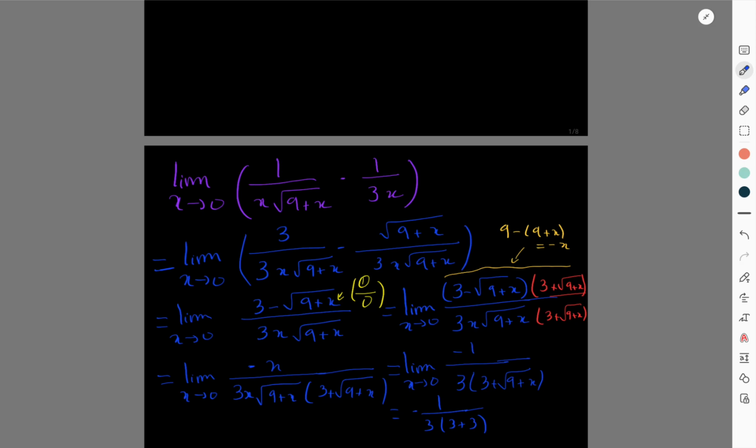Let's see. Okay, I forgot root 9 plus x, and then times 3. So it's minus 1 over 9 times 6, which is minus 1 over 54.